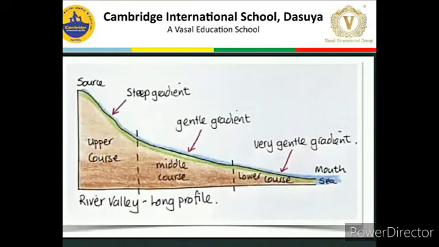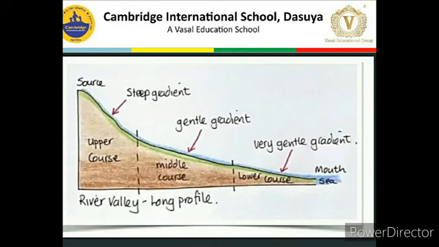You can see in the picture, the upper course is given, which signifies the source of a river, and it is steep in nature. And if we look at the middle course, this occurs when a river leaves the hilly area and enters into a plain.